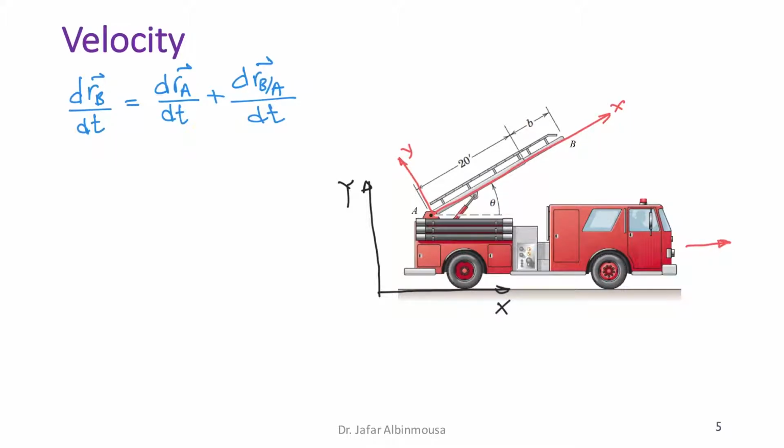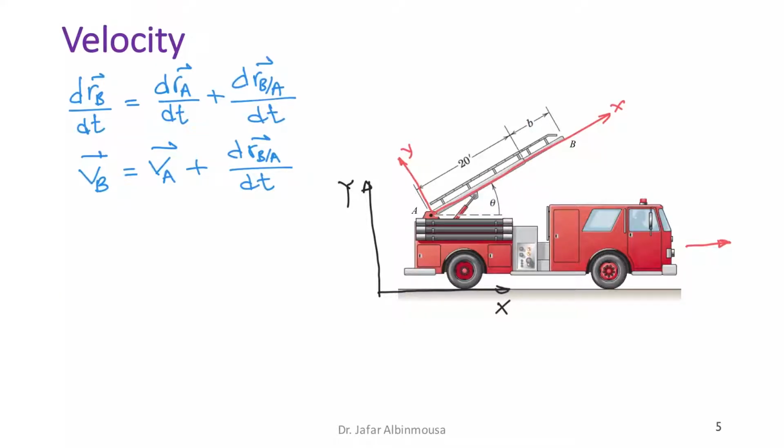Now what we will get from the absolute quantities here, v_B is equal to v_A plus the rate of change of the relative position vector with respect to time. We know that this component will be affected by the fact that this point on the local axis is translating and rotating. I'm not going to go through the derivation. You can go and check it in the textbook.